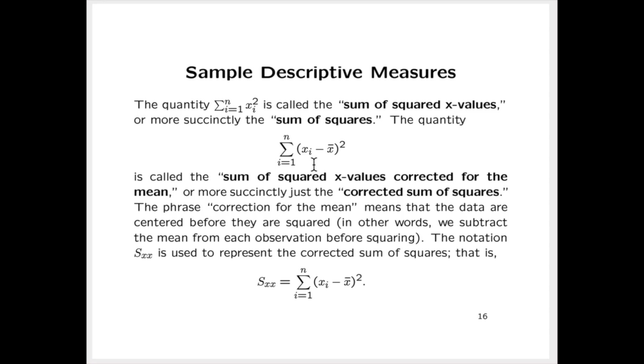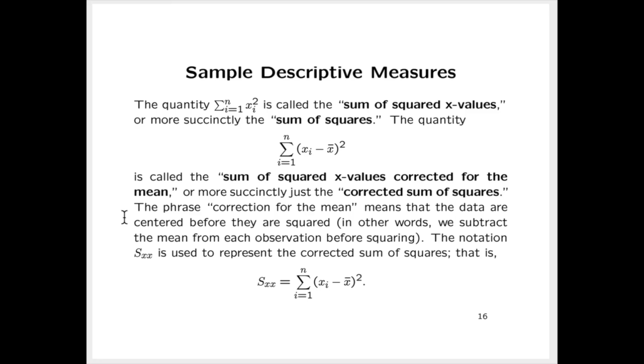Before, we described this as the sum of the squared deviations between each of the observations and the sample mean. Now, this is also called the sum of squared x values corrected for the mean, or more succinctly, just the corrected sum of squares.